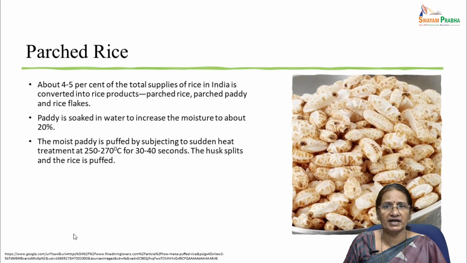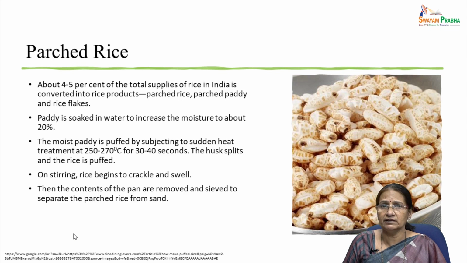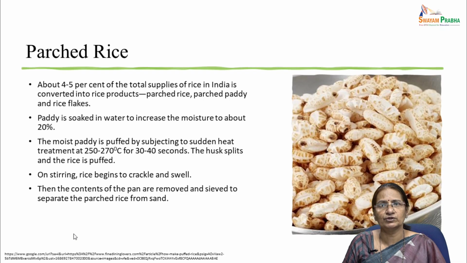The moist paddy is puffed by subjecting it to sudden heat treatment at 250 to 270 degrees centigrade for 30 to 40 seconds. The husk splits and the rice is puffed. On stirring, rice begins to crackle and swell. Then the contents of the pan are removed and sieved to separate the parched rice from sand.